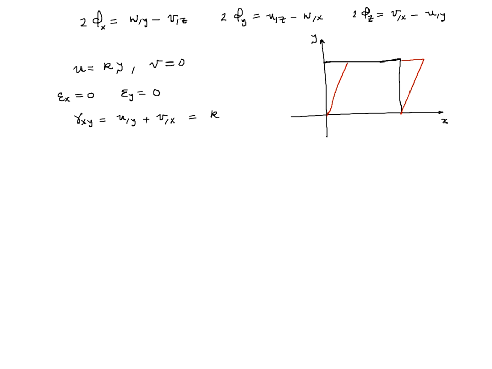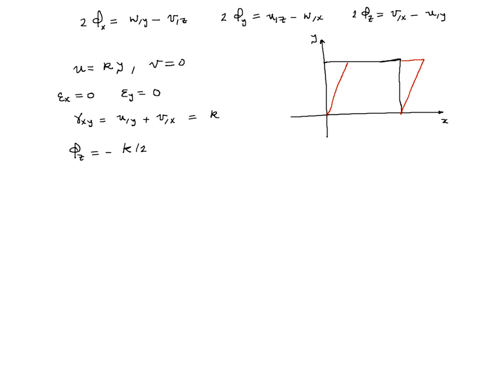So this means that this is a constant shear strain. But it's not only shear strain that's involved. If you calculate the rotations, of course, in 2D, the only possible rotation is rotation around Z. You will see that phi Z will come out to be minus k over 2.